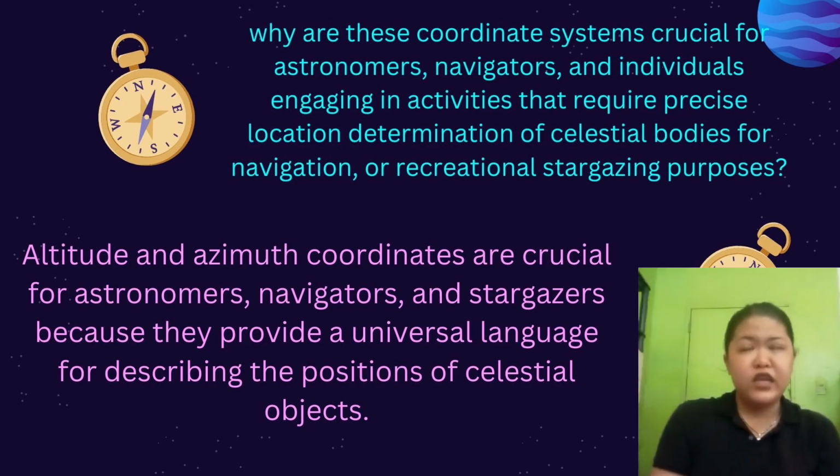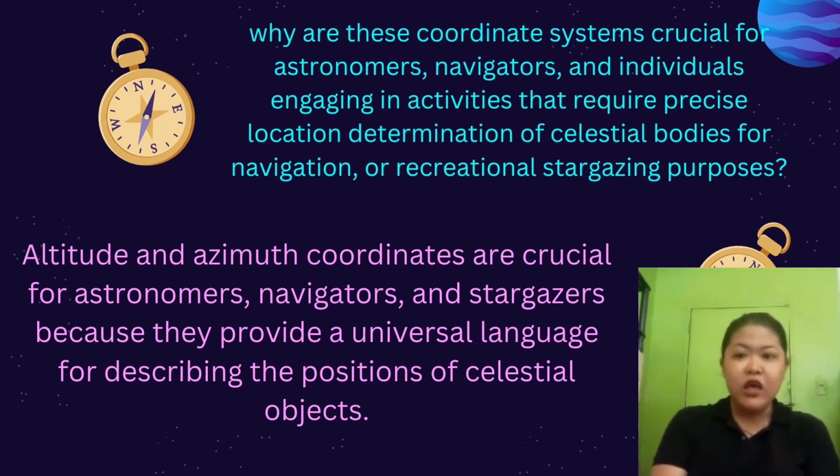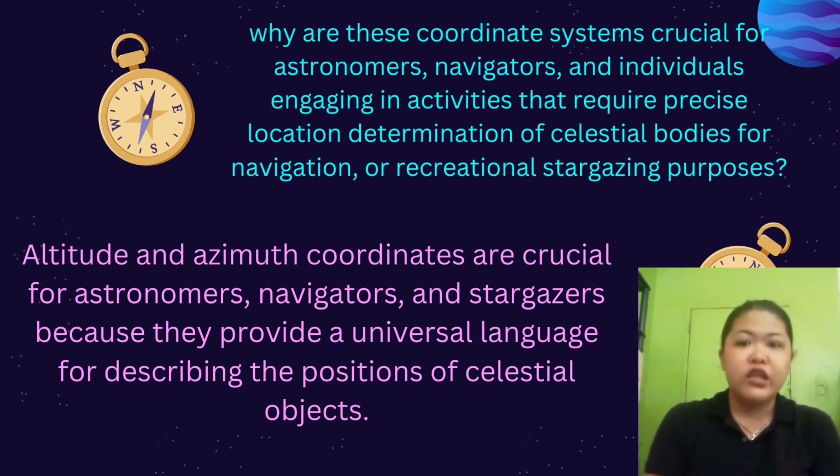So, example sa paggamit nato sa celestial navigation is kanang nawala ka sa sea, or you are lost at sea. Imagine a sailboat sailing through the vast Pacific Ocean. Then suddenly a storm strikes, knocking out the boat's electronics including the GPS.